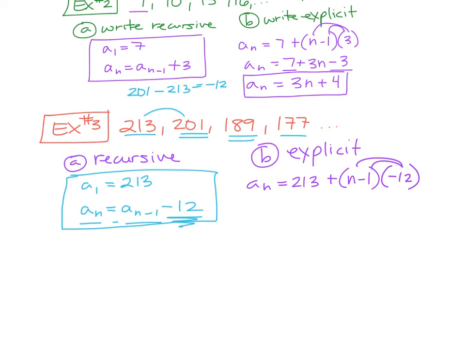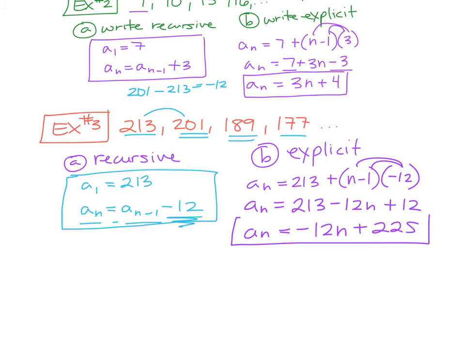If we distribute this, we get 213, that would actually be minus now, minus 12n plus 12. Okay, simplify once more. You get a sub n equals negative 12n. You can put the constant first, I don't care, but I always like to put the coefficient of n first. And then this would be plus 225. So this would be your explicit.